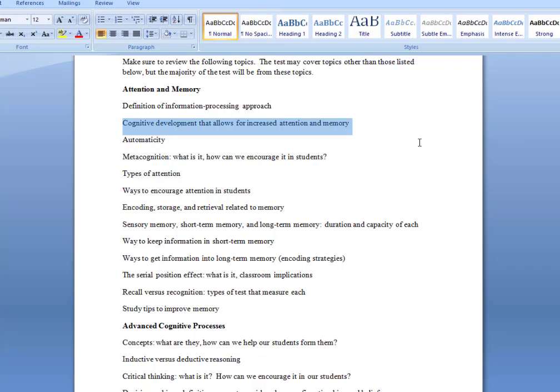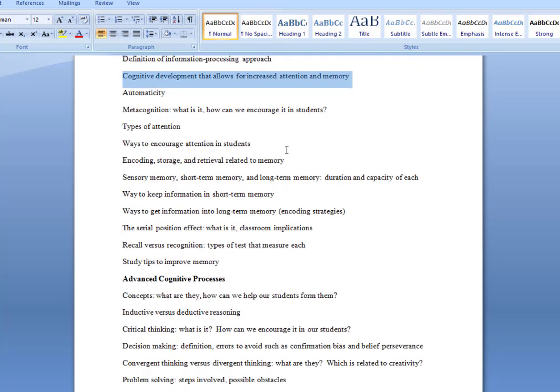So things like pruning of synapses, pruning of connections that are not being used, as well as things like myelination. So we talked about how in our nervous system, our neurons, the axon part of the neuron is coated in a myelin sheath, and that this is a process that continues through adolescence. And so as our neurons become increasingly myelinated, that increases the speed of our mental processing. We also talked about how the frontal lobe continues to develop as well.